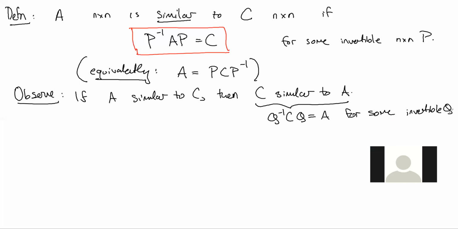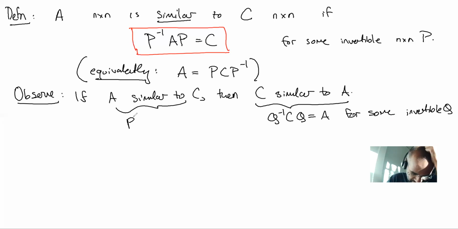Exactly. The reason is, P inverse AP equals C, and you just set Q equal to P inverse. So similarity is a symmetric notion.